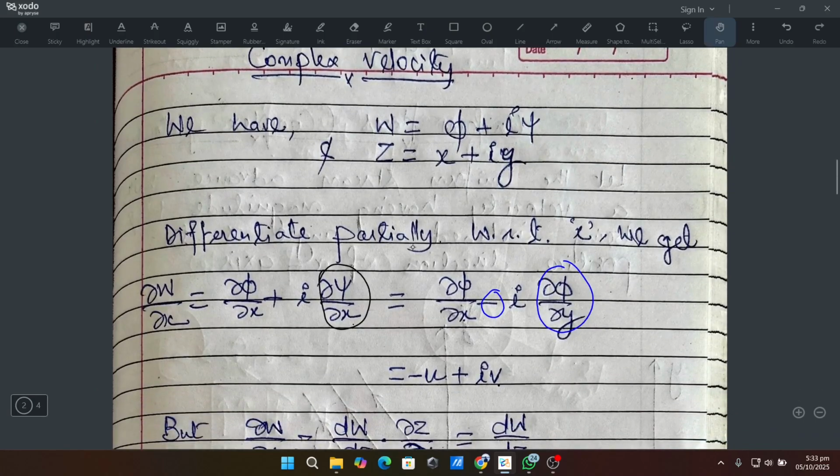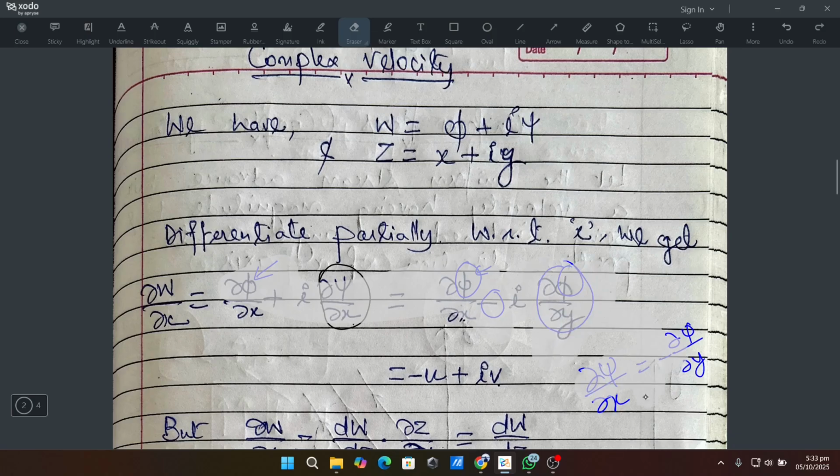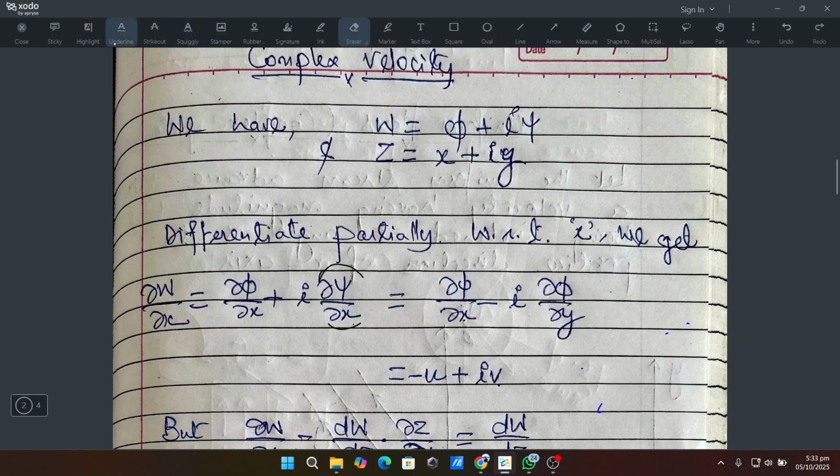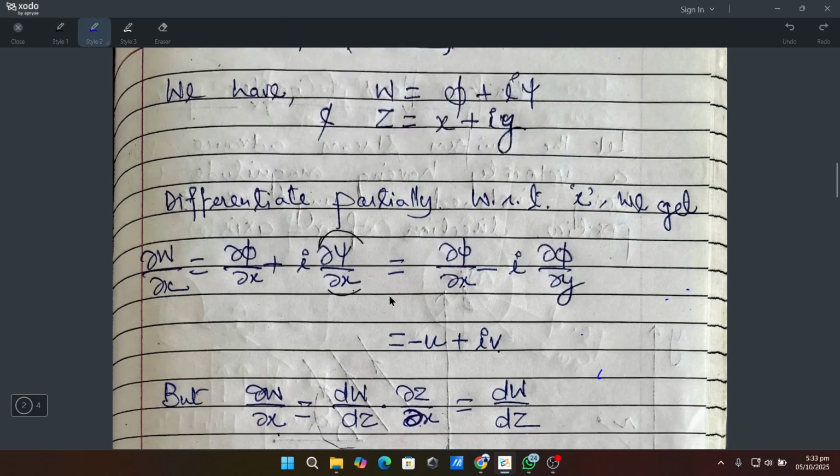Why? Because we are trying to consider this phi only. In both of the cases, we are only trying to bring it to a common term, that is phi, the potential function. So d phi dx, and d psi dx can also be written as negative d phi dy, in order to bring this phi common, right? We have written this, so we can very easily write this here as well. So okay, now let's move forward and see what we can do from here.